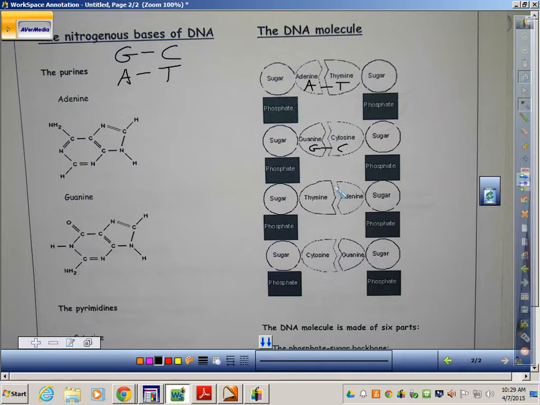Nucleotides. And a nucleotide has 3 basic parts. It has a phosphate group, which is the same in all nucleotides. It has a sugar, which is the same in all DNA nucleotides. It's called deoxyribose. And then it will have a nitrogen base in the middle. The nitrogen bases are held together by weak hydrogen bonds.